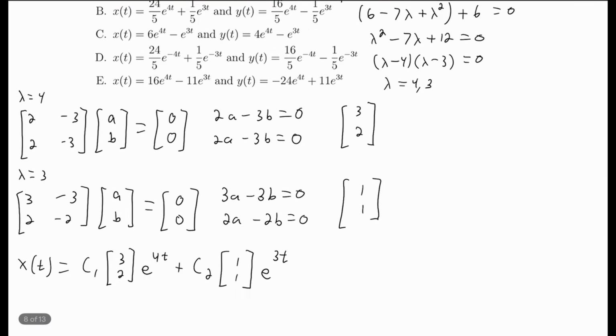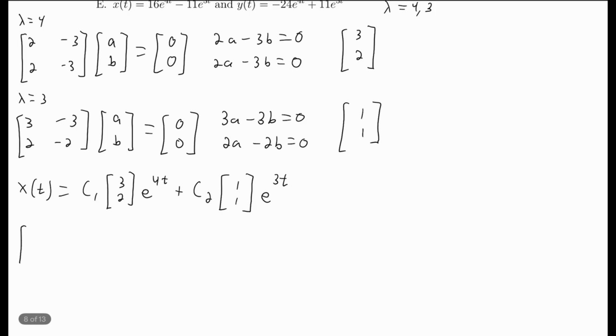We know that (5, 3) is our solution when t is equal to 0. So (5, 3) equals c1 times (3, 2). E to the 0 is just 1, so that disappears. Same thing in this term, so we're just left with c2 times (1, 1).